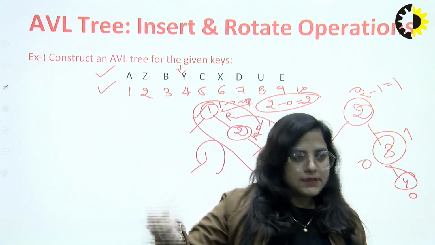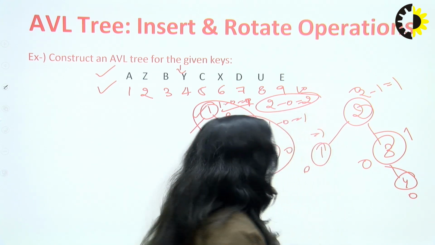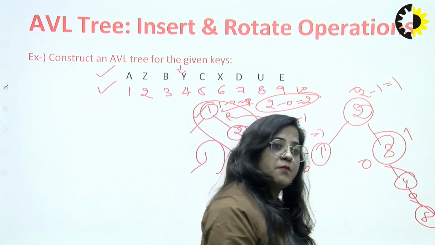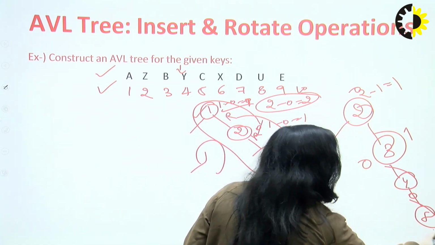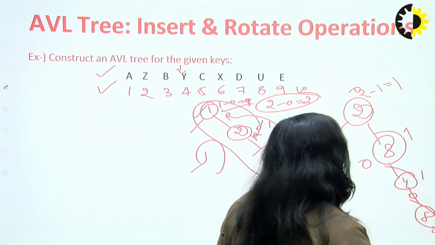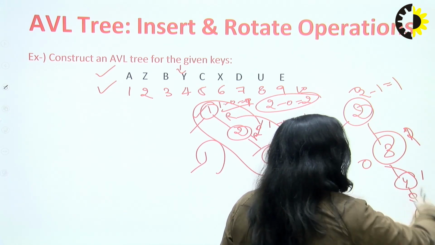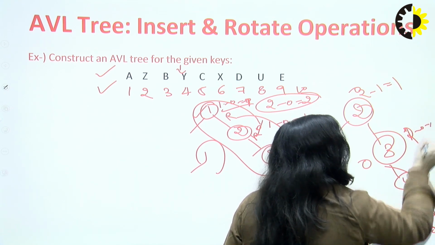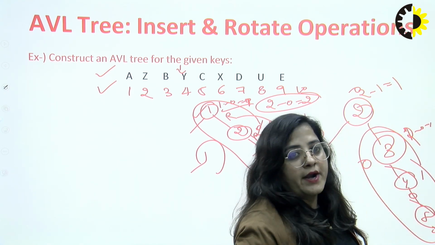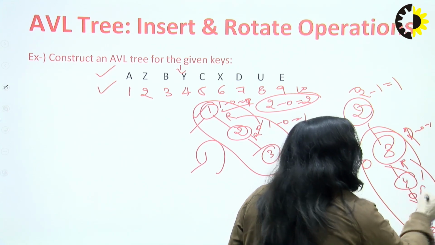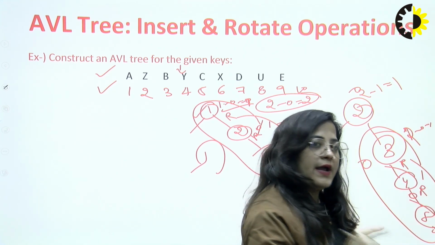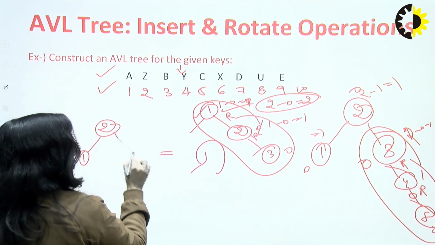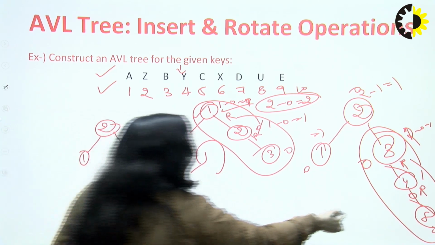Now we'll come to the next node, 5. Now check the balance factor again and update the previous balance factor of each node. Here it is 0, according to this it is 1, and according to this it is 2, because the height of the right subtree is 2 and the left subtree is 0. So 2 minus 0 equals 2. So again a rotation is required: right rotation, which needs to be anti-clockwise.